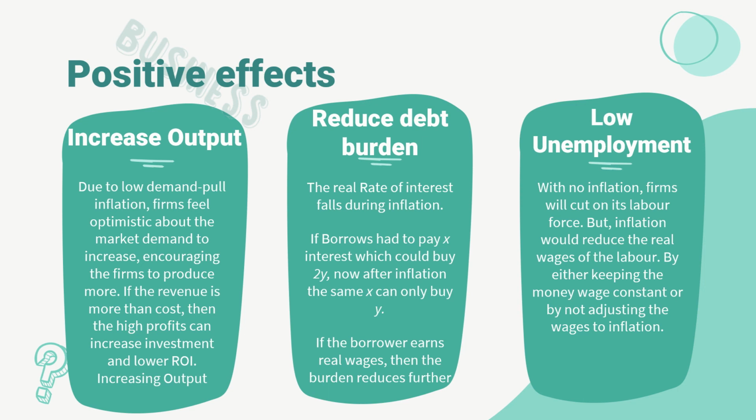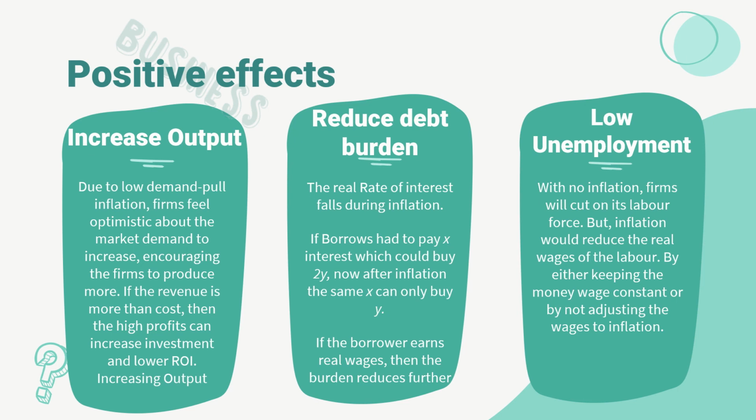So by either keeping the money wage constant at 10,000, or by not adjusting to the inflation, the employer can employ more labor, okay. This would also attract more labor because at a nominal value, more labor will be more likely to join.